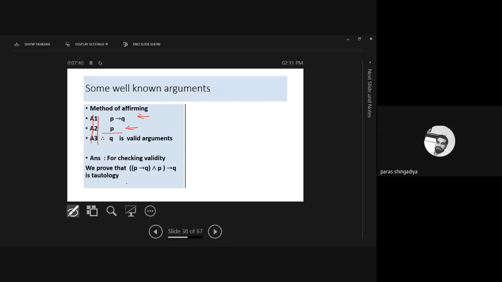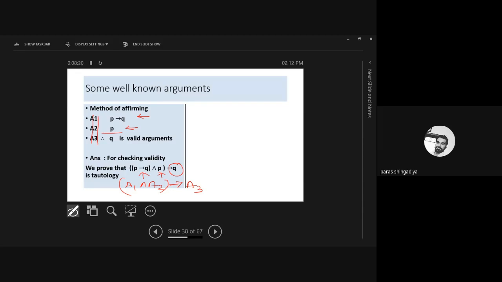So the formula will be A1 and A2, consider up to the last second, combine them using the AND operator, conditionally to the last argument, A3. So the formula will be (P conditionally Q, that is A1, and A2, that is P), bracket closed, conditionally operator to A3, that is Q. We'll check this formula, and if this compound statement reflects a tautology, then we can say the chain A1, A2, A3 is a valid argument.